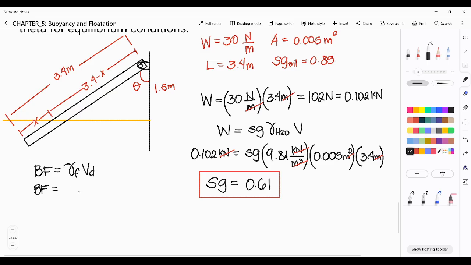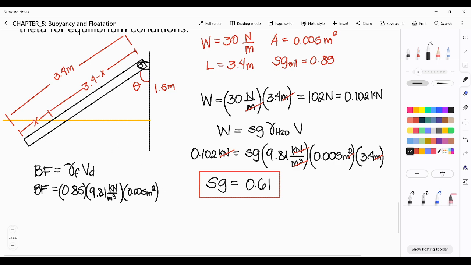So, ano yung fluid natin? May given tayong SG ng oil, 0.85 times 9.81 kilonewtons per cubic meter, gamma ng water. And then, ano yung volume displaced? Yung area naman niya, hindi magbabago. So, we can input the area, 0.005 square meters.